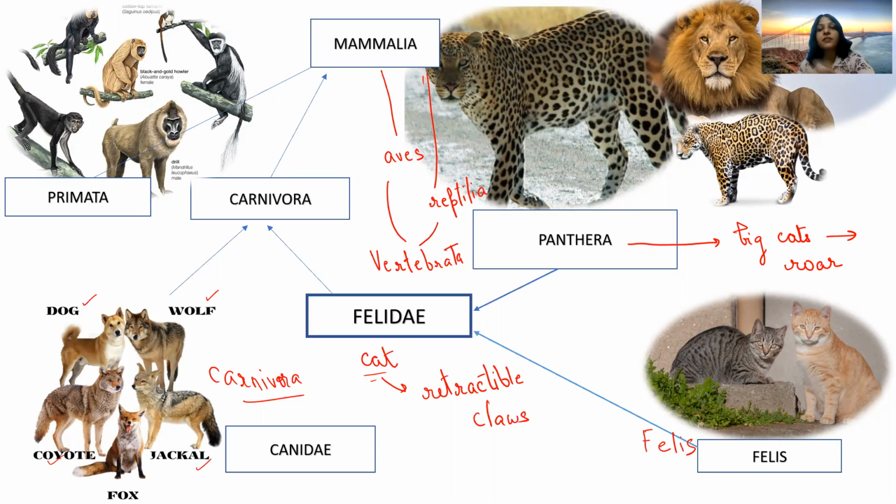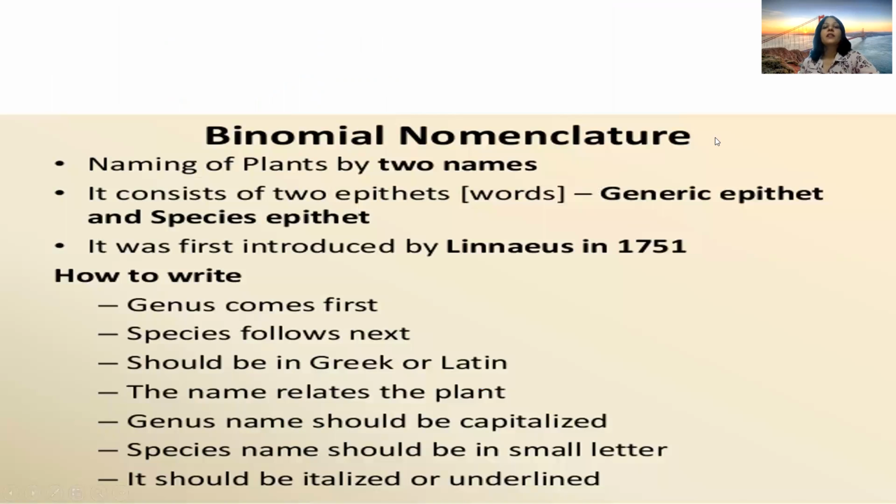Okay. Now, once we have classified the organism, we need to name the organism. And when we name the organism, we have to follow certain rules. So what are those rules? The rules were given by Carolus Linnaeus.